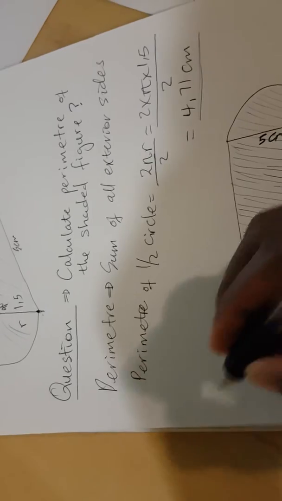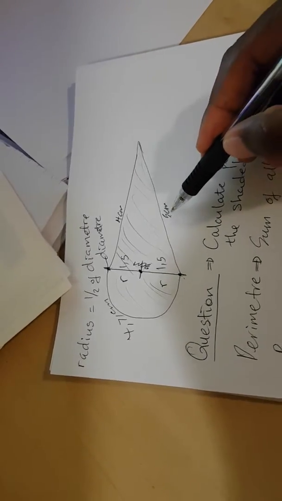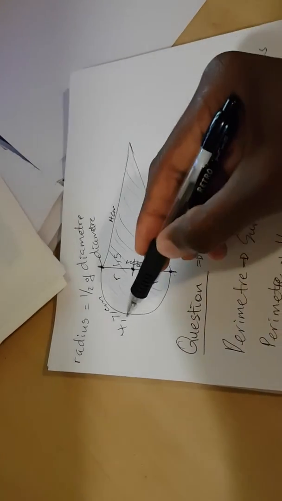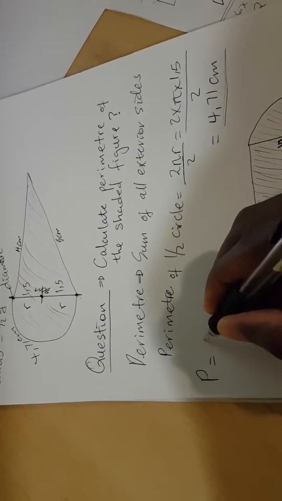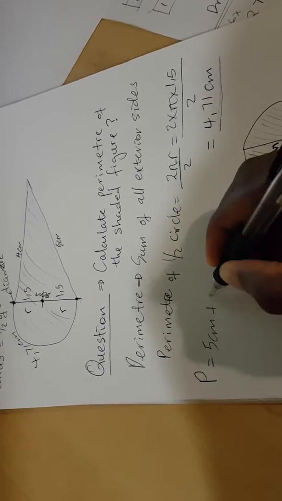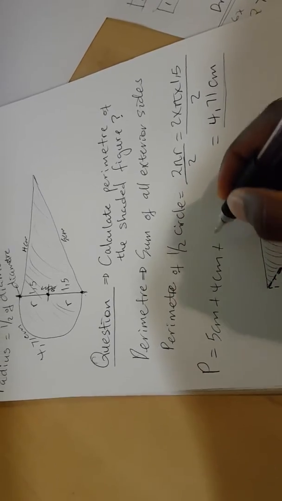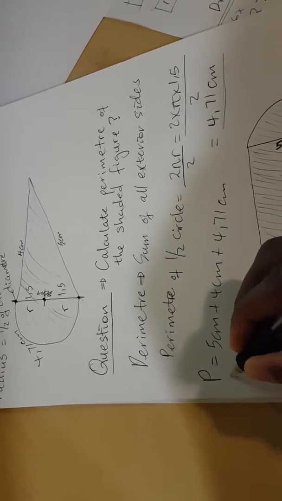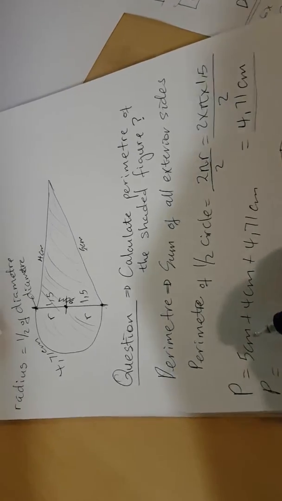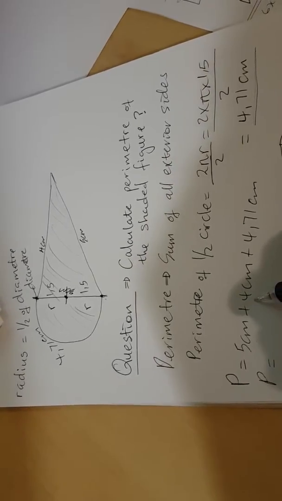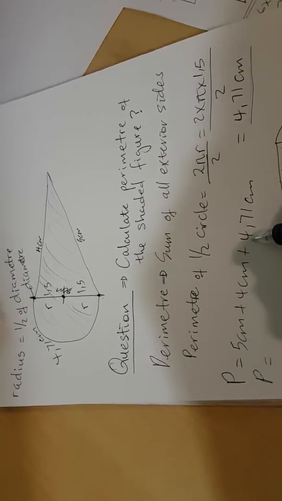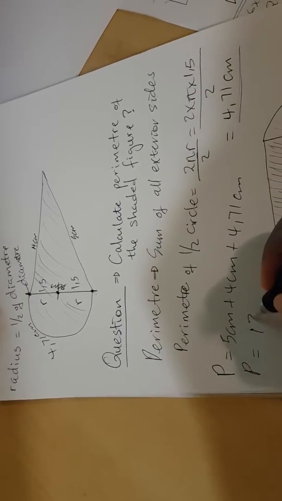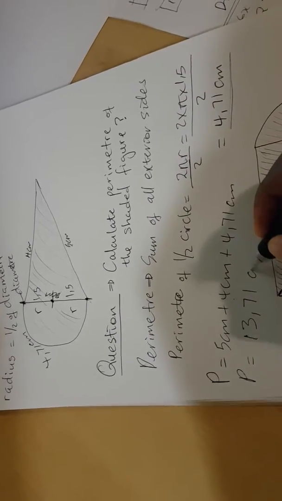Now like I said, on perimeter we add all exterior sides, so now we've got our exterior sides. Perimeter P is equal to 5 centimeters plus 4 centimeters plus 4.71 centimeters. 4 plus 5 is 9, 9 plus 4 is 13, so it's going to be 13.71 centimeters.